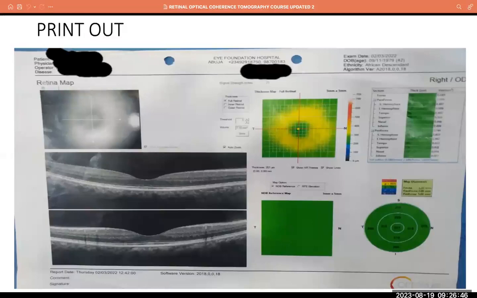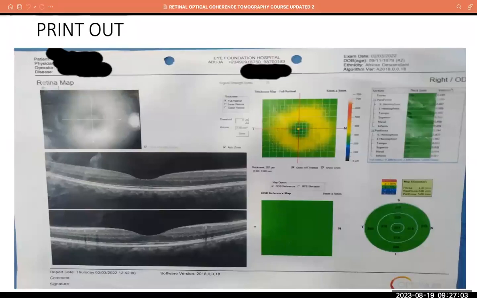But what is certain on this image is there are two arrows, one pointing downwards and one pointing to the right, and the two of them are meant to meet at the fovea, at the center.